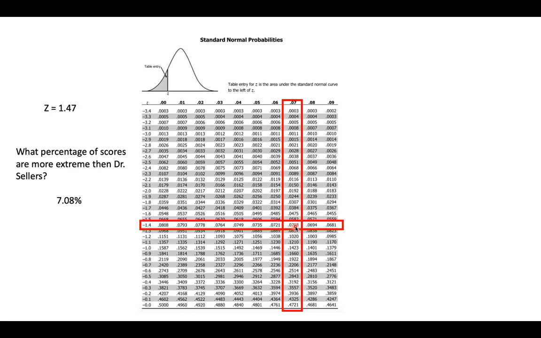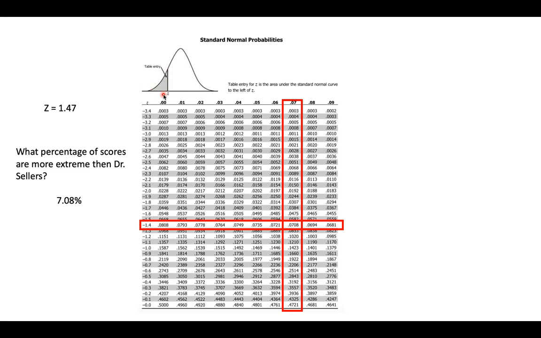Move the decimal twice to the right to get your percentage. The table returns the value of 7.08. The value that the table returns is the percentage of people in the small area of your curve.